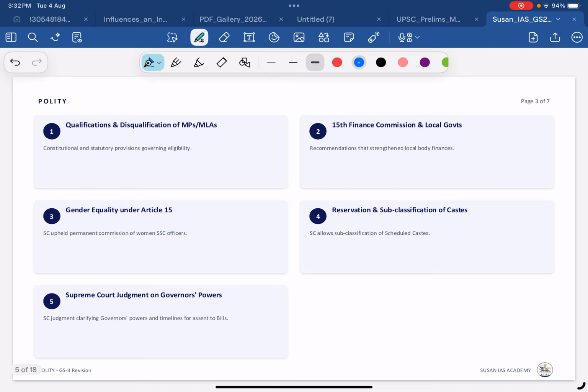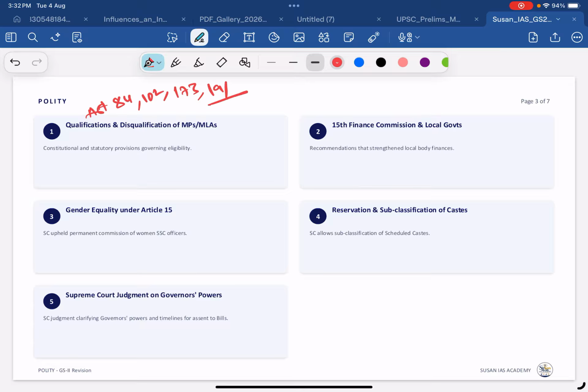So next, qualification and disqualification of MPs and MLAs, like what are the provisions under article 84, 102, 173, and 191. You have to quote these articles in your exam, so that whenever you quote these articles, you will get a good score in your mains answers.